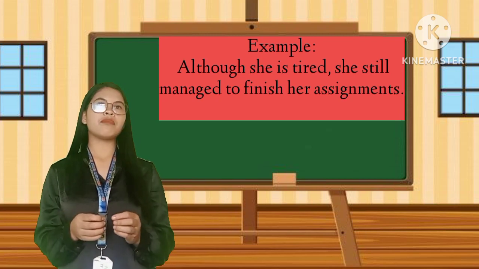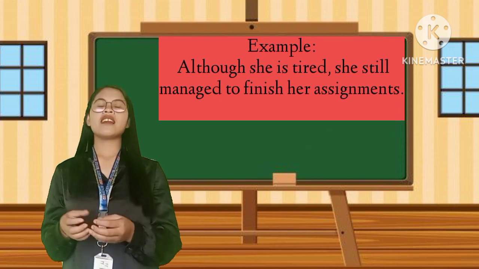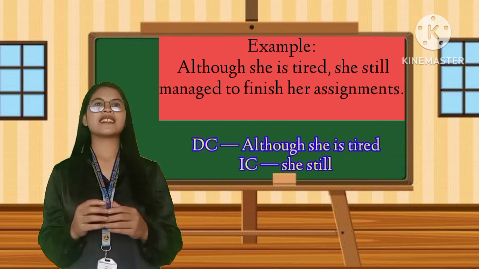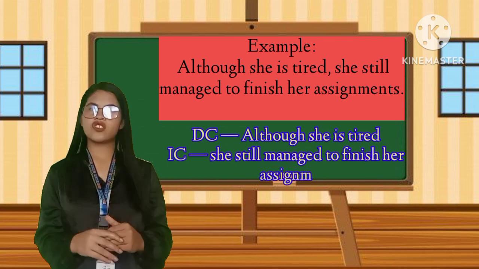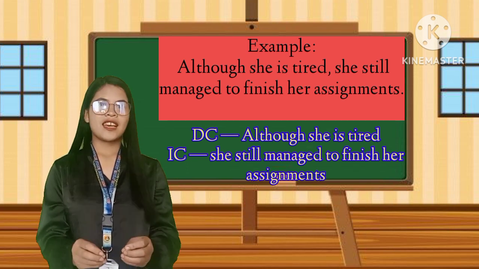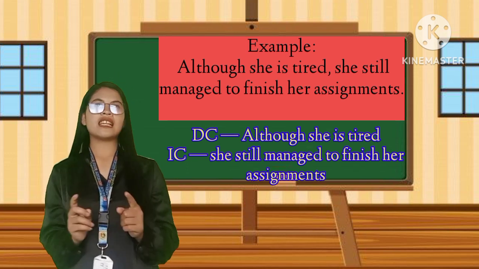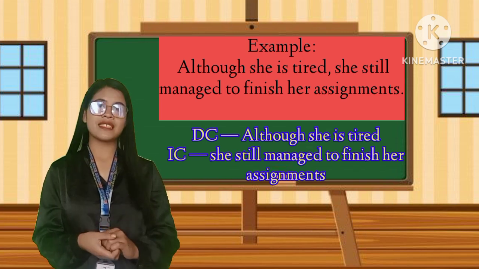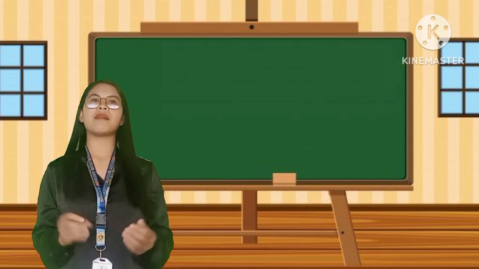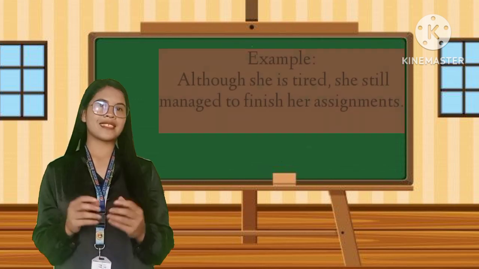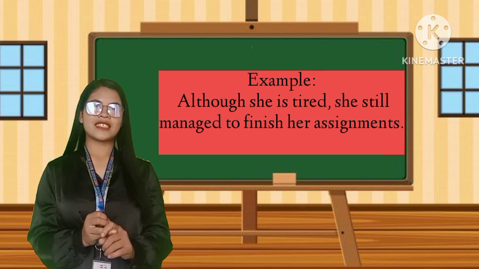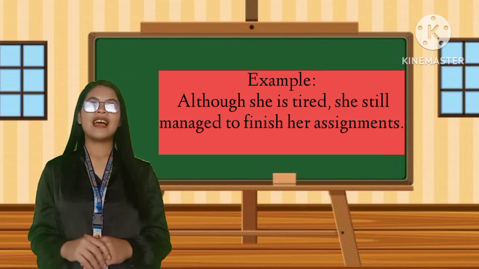In this example, the line, although she is tired, is our dependent clause, and the line, she still managed to finish her assignments, is our independent clause, because clearly, she still managed to finish her assignments can stand alone on its own. So that's an example of a sentence where we can see a dependent clause and an independent clause. I hope that's clear to everyone.